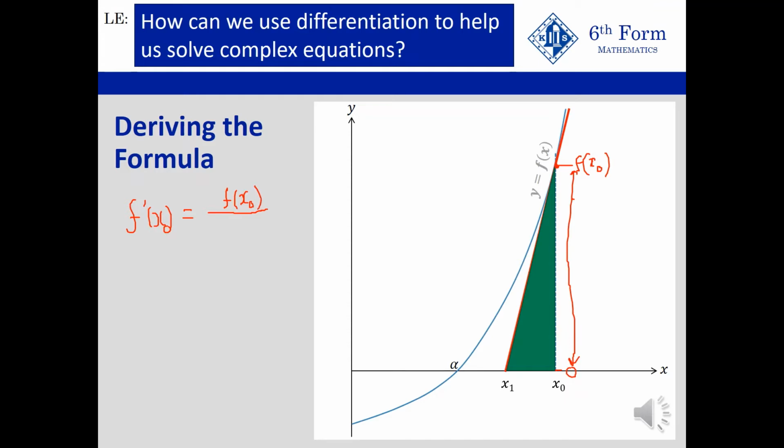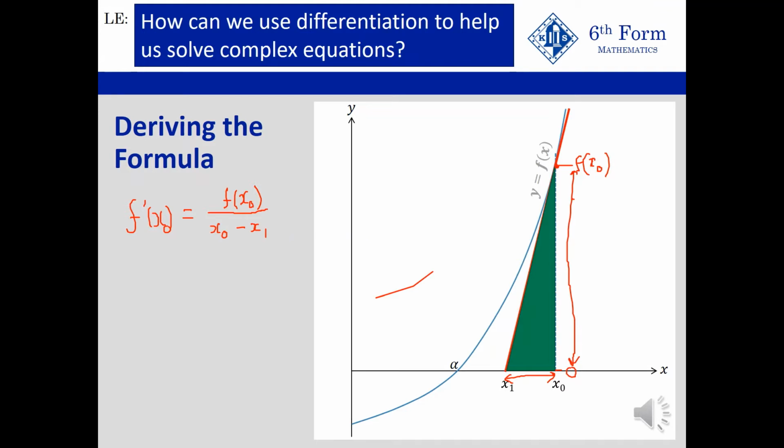The change in x, the horizontal change between these two, is going to be the difference between the two x values. So this would be x0 minus x1. So this is two different ways of working out that same gradient. One of them is by considering differentiation. The other one is just your standard gradient formula.